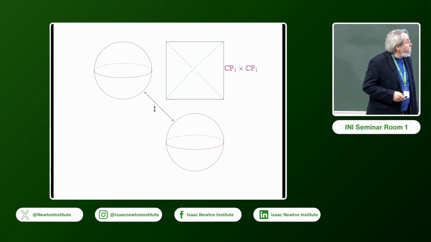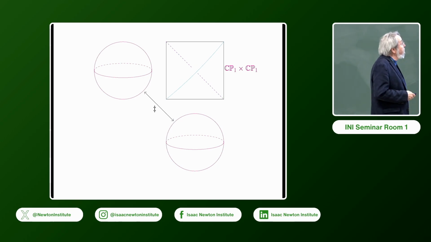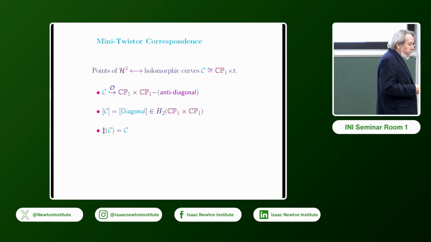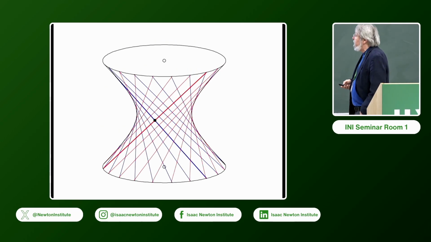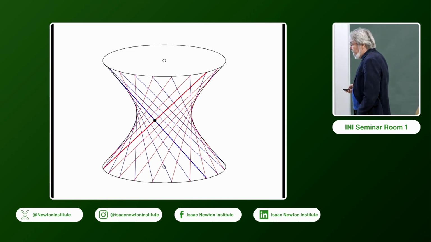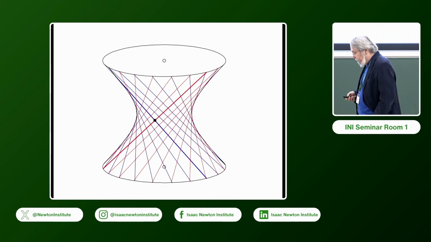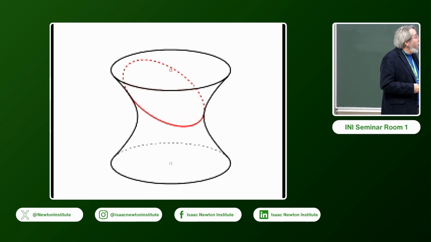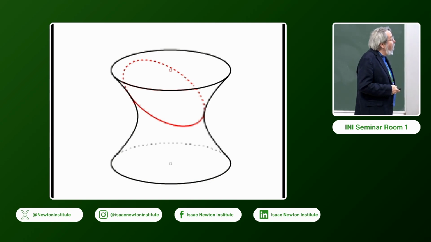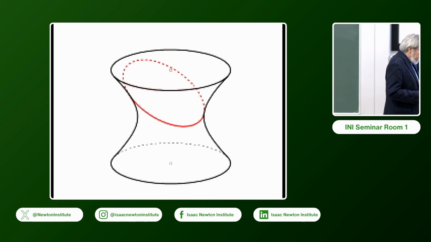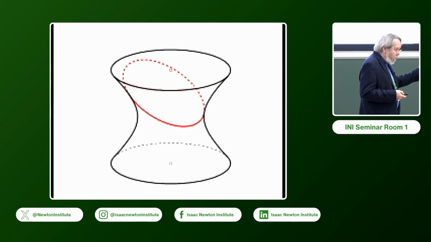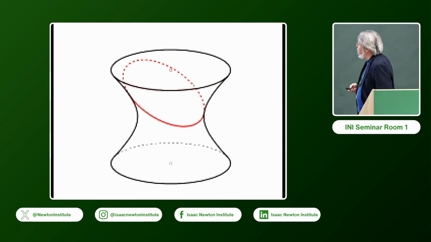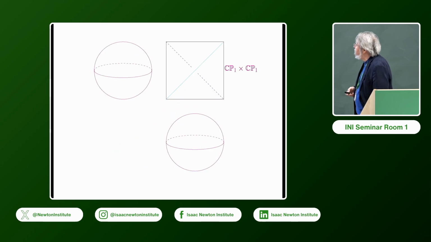So the mini-twistor lines form a family in one-to-one correspondence with the three-dimensional ball, or hyperbolic three-space. Another picture: you might think of CP1 times CP1 as a smooth quadric in CP3, and then the curves one gets are all plane sections, and the fact that a plane section depends on three parameters is consistent with the rest of the picture.